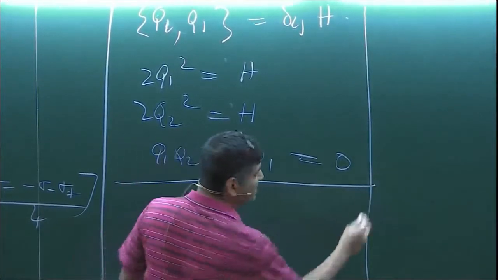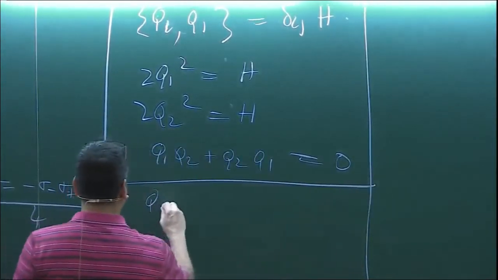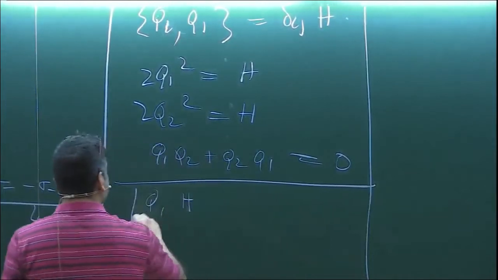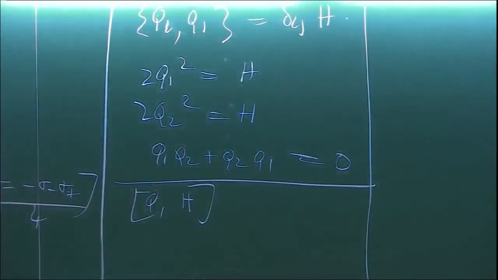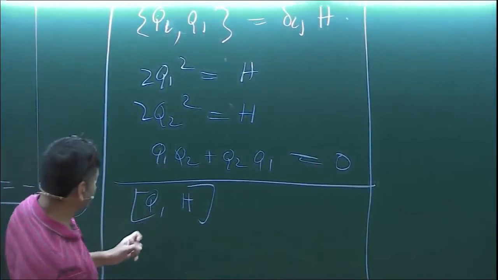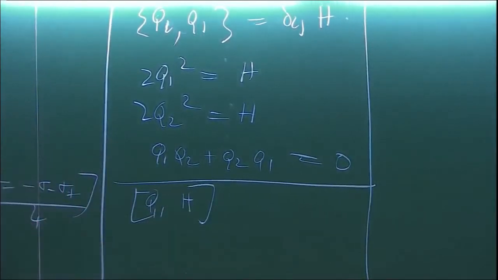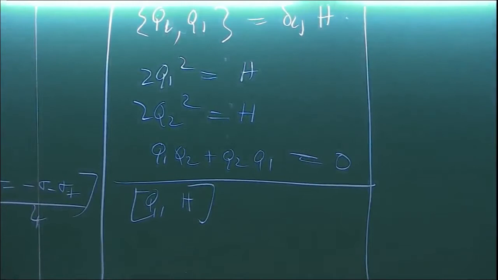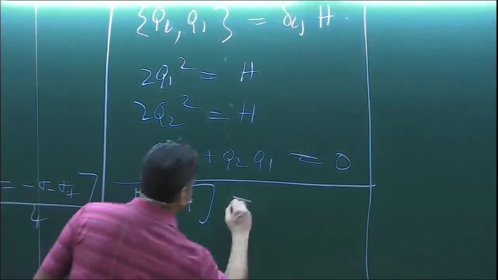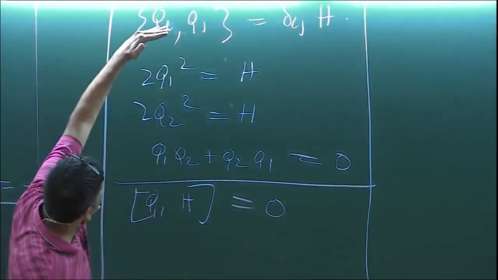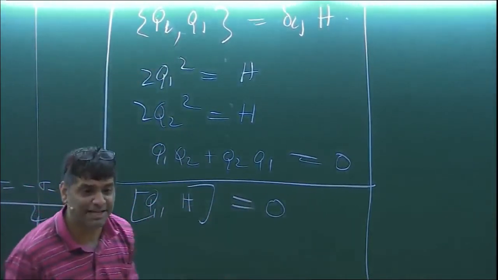Now, there are three things participating, Q1, Q2, and H. And you can ask, what about, for instance, Q1? I'm going to take the commutator, we'll figure out the rule in a minute, of Q1 with H. You can ask, what is that? But this is very easy, because H is Q1 squared, up to a factor of 2. And therefore, Q1 commutator with H is 0. So this is something like what you get when you have a Lie algebra.